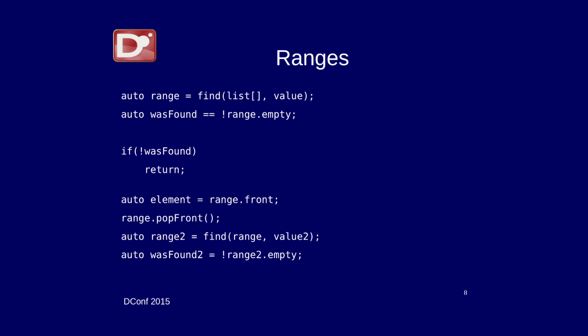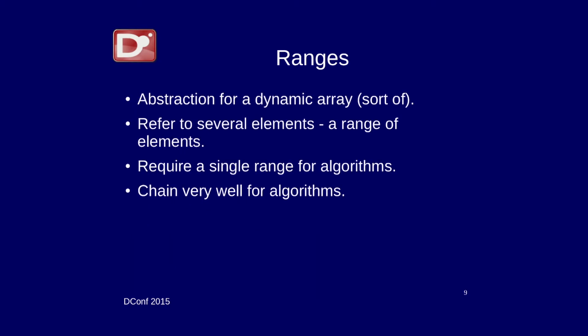And ranges essentially are an abstraction for a dynamic array, sort of. They don't have concatenation and things of that variety. And there's enough variety in how you can implement ranges that they don't all have exactly the semantics you'd expect from a dynamic array. But the basic idea, I mean, a dynamic array could be viewed as two iterators.